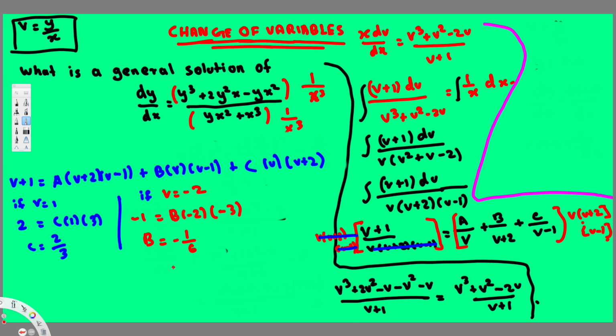Now a is the only thing that is left, and we can substitute in one of the equations. Let's see. So 1 is equal to v plus 1, this one.